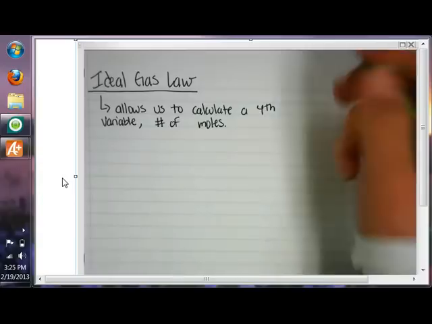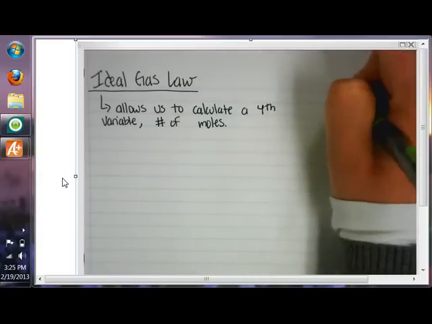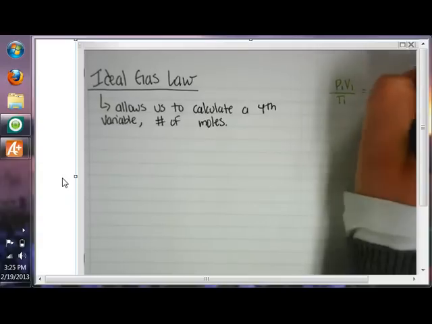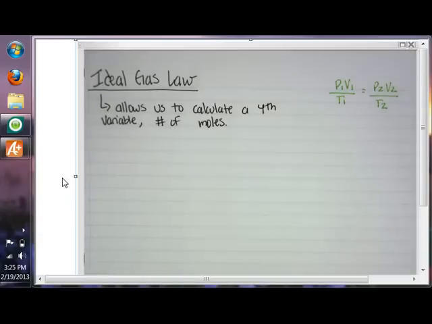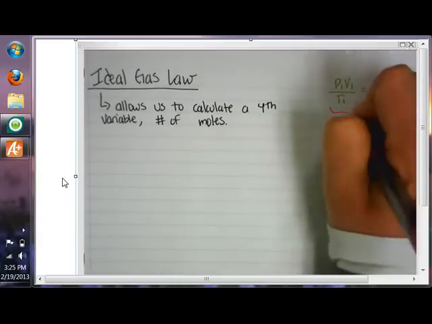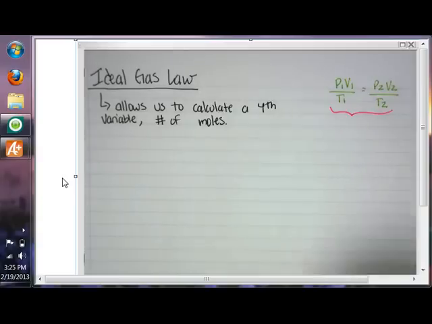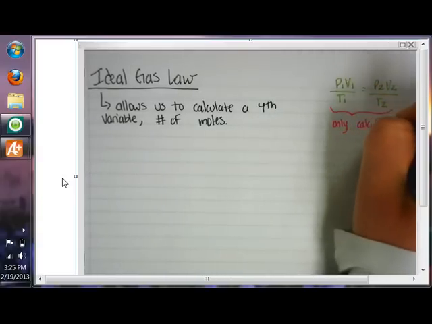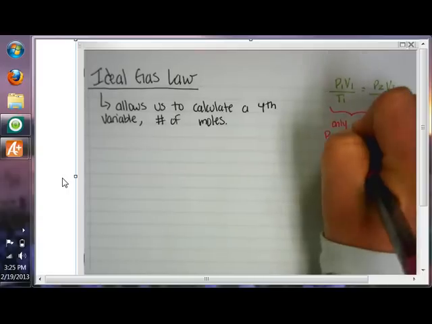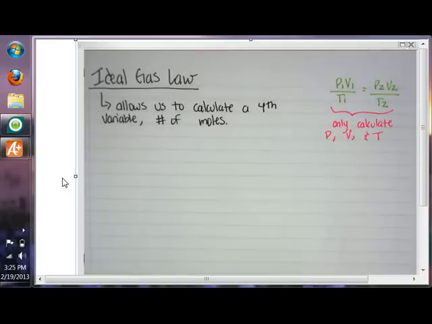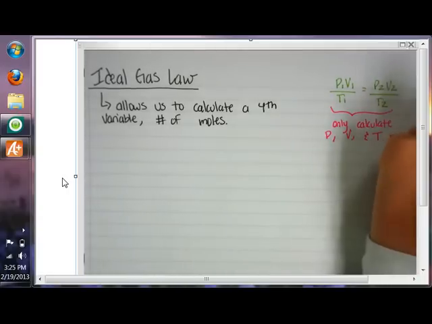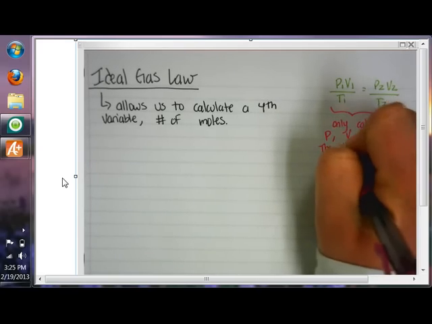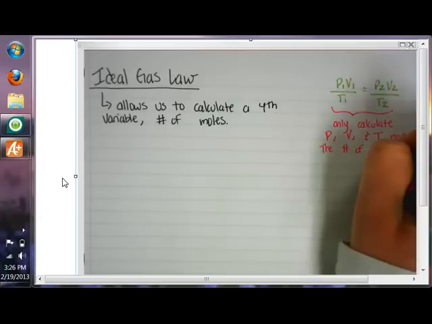Now, if we look at the combined gas law, which is P1 V1 over T1 equals P2 V2 over T2, notice that we can only calculate pressure, volume, and temperature, not the number of moles.